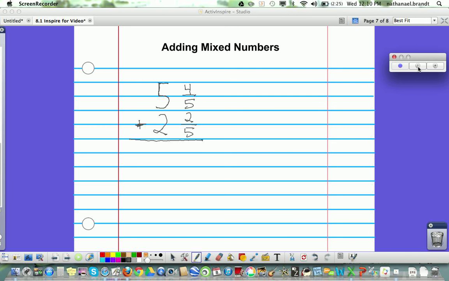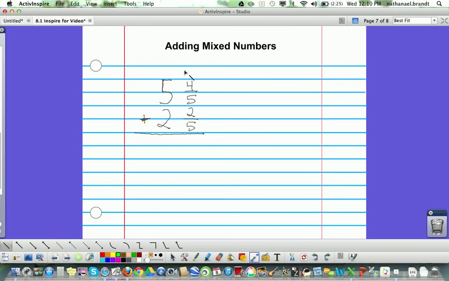Okay, our next problem is going to be a little bit different. Same, we have common denominators, so we don't have to find a common denominator, and I'm going to put in my little line. When you do these problems, you don't actually have to put this line. I'm just putting this there so you can kind of see my thinking.